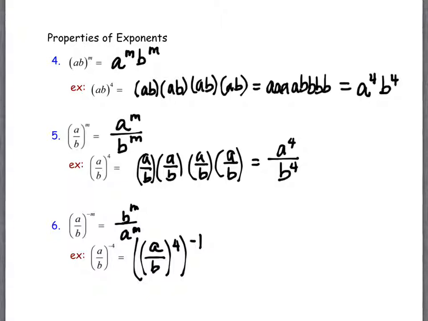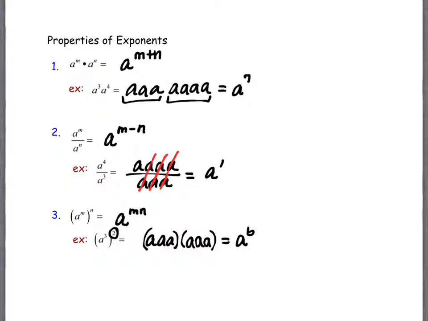Our ability to separate it out and write it as a value inside another parentheses like that, we're actually using property number 3 in reverse. So we're going from this viewpoint to this one. I'm separating the m times n into b times m and then times n. That's what I'm doing.